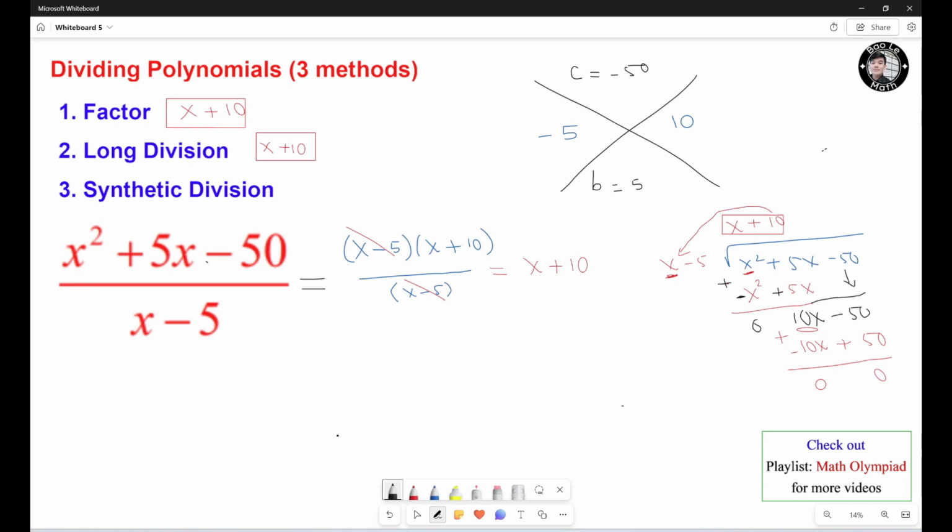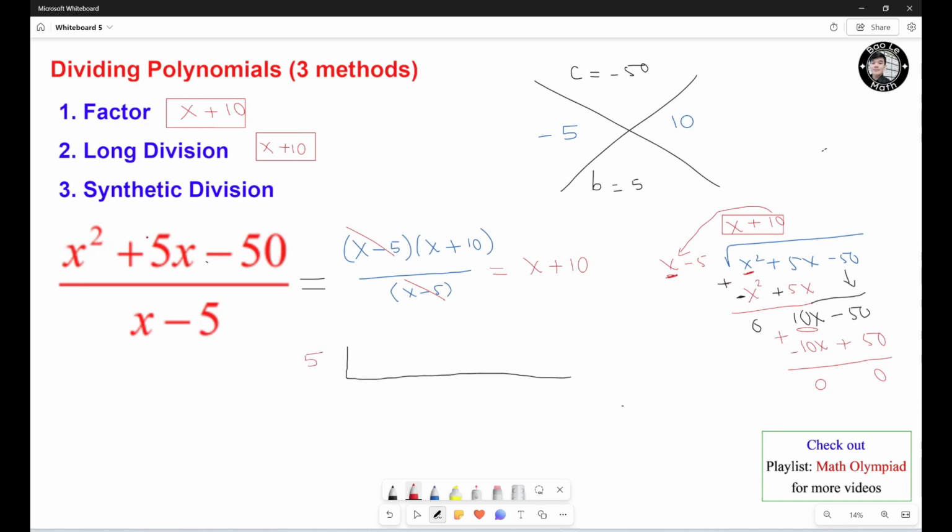Now let's move on to the last method, synthetic division. We need to sketch the diagram like this. Right here, this is where we put the divisor. Our divisor is s minus 5. You need to change the sign of negative 5, so it turns out to be plus 5. So we put 5 right here.